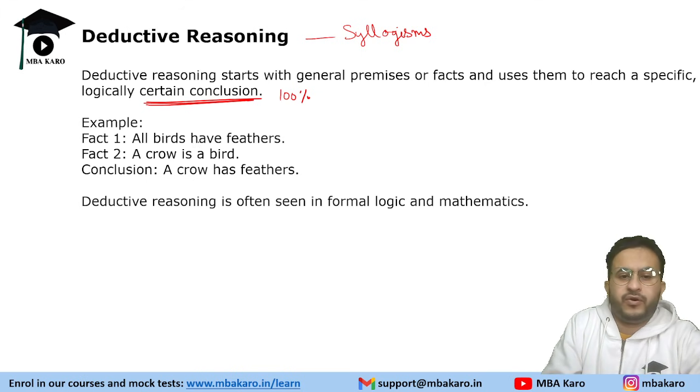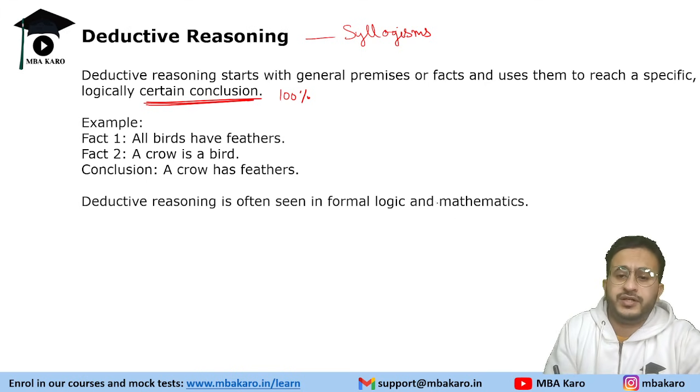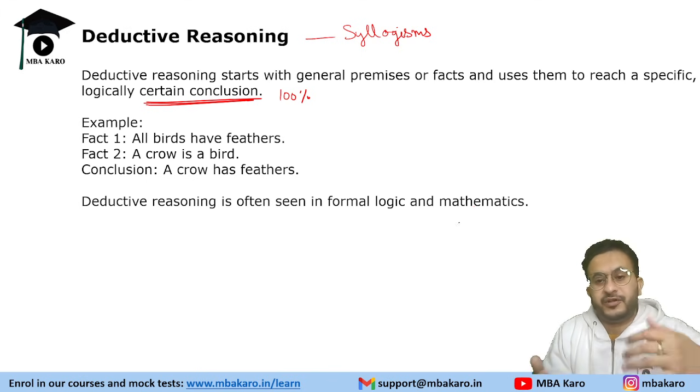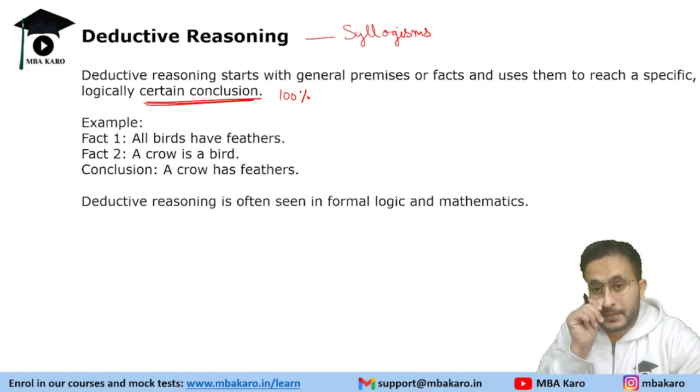For example, all birds have feathers. A crow is a bird. So a crow has feathers. That is deductive reasoning. It is often used in logic and mathematics. For example, a triangle has a sum of angles of 180 degrees.